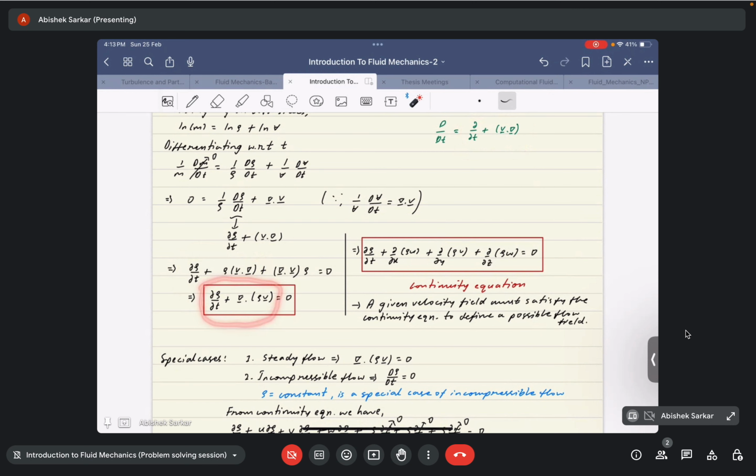People may say directly that d rho by dt is mass conservation, but this is not. This just tells us that the density is constant. That equation does not correspond to mass conservation. So this was important.